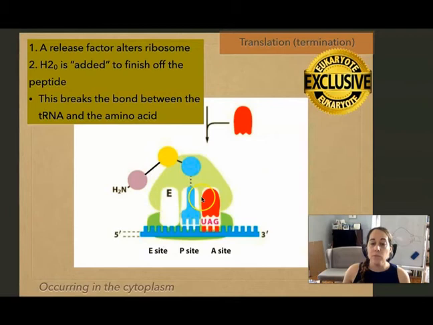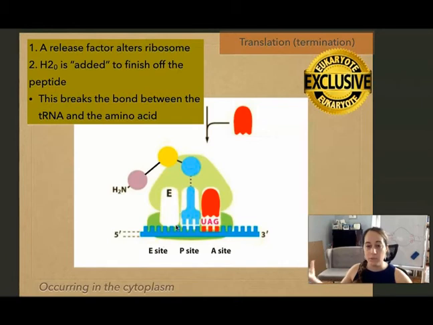So then we're going to get the dissociation of the peptide from the ribosome. We're also going to have the dissociation of the large and the small subunit, as well as the dissociation of the small subunit from the mRNA and the release of the release factor, as well as the tRNA. So everything in this is going to kind of fall apart.